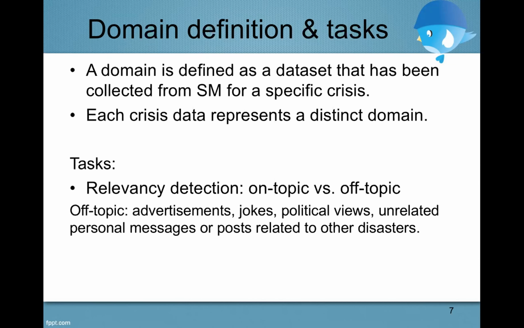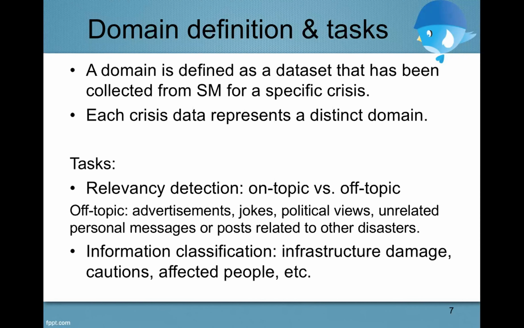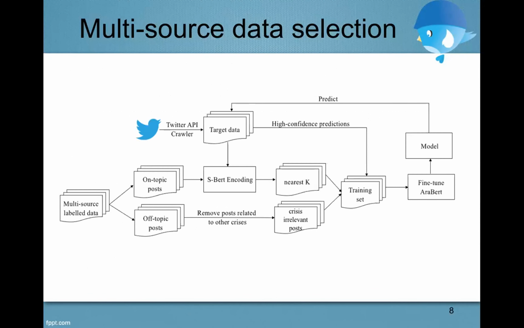For example, they discuss COVID-19 within the dragon storm or flood data. So one crisis invokes discussions about the other. The other task is information classification. The relevant data will be classified into different information types like infrastructure damage, caution, affected individuals, etc.